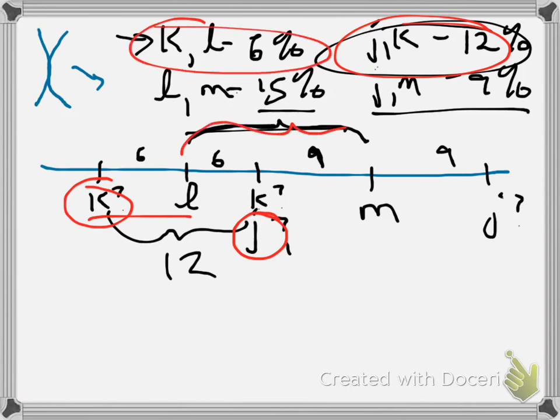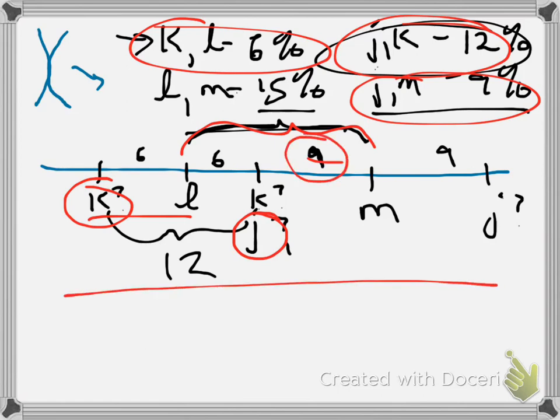L and M, they're 15 apart. And M and J, yep, they're 9 apart. All right. And so the order would be K, L, J, M, in that order on the chromosome. And we have mapped out the order of genes.